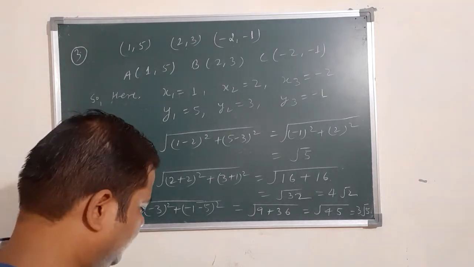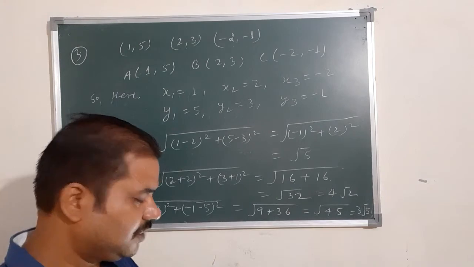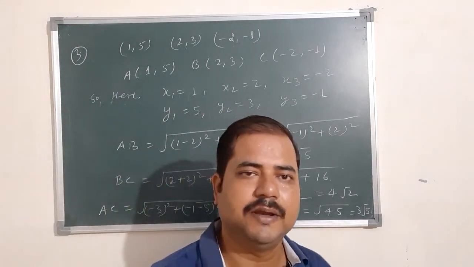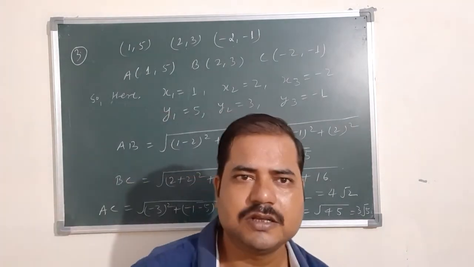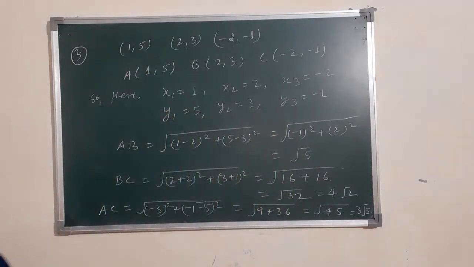Sorry, in the question there is (2, -11), but we have discussed it for (2, -1). No problem, these 3 points are not collinear.